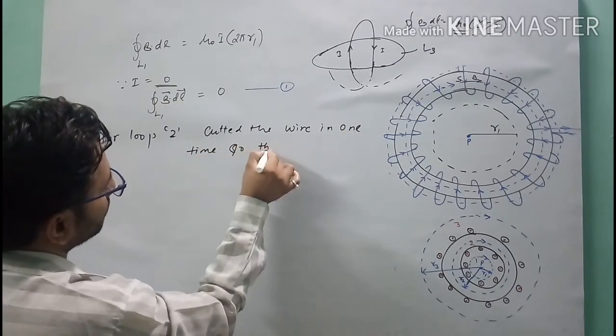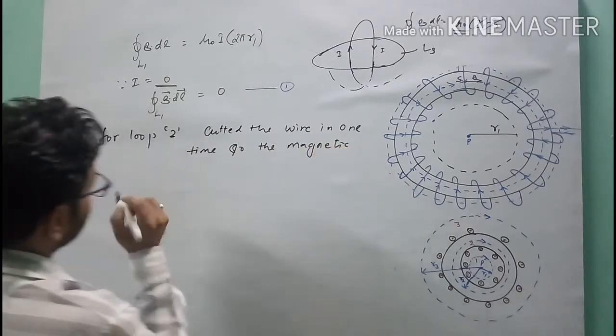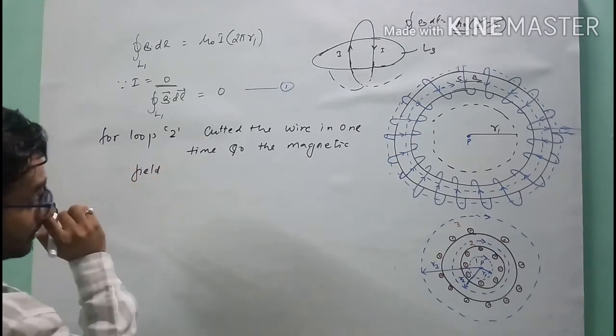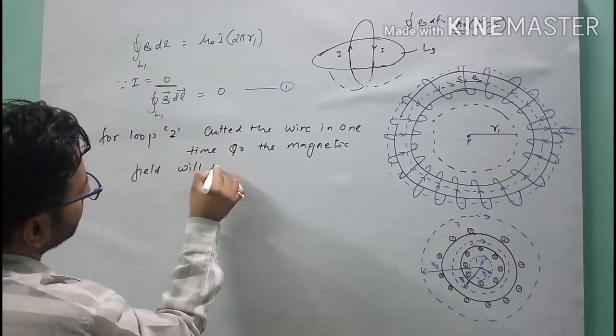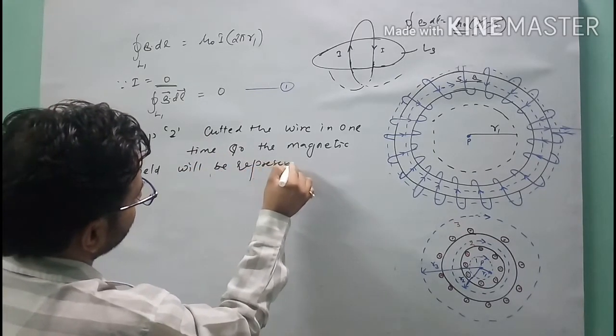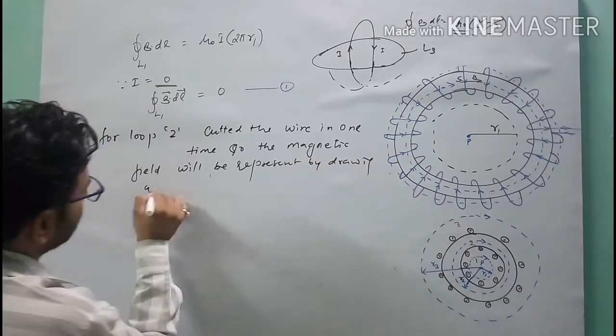So the magnetic field will be represented by drawing a tangent.